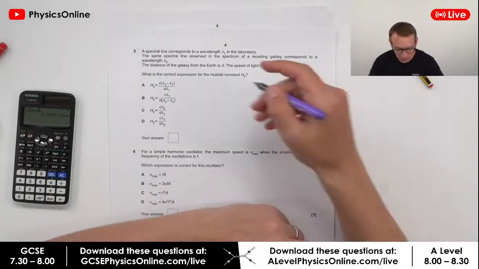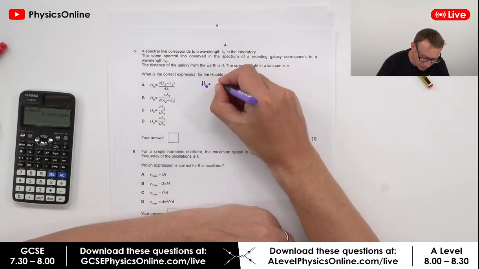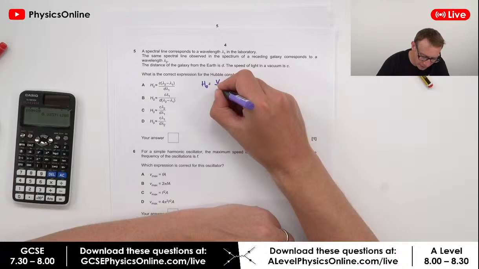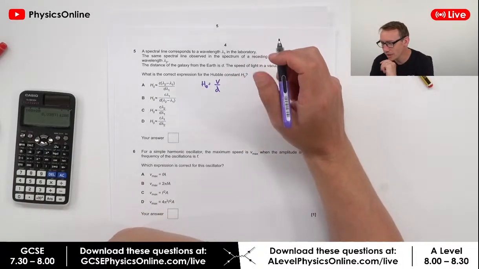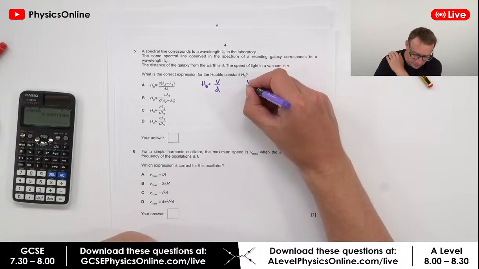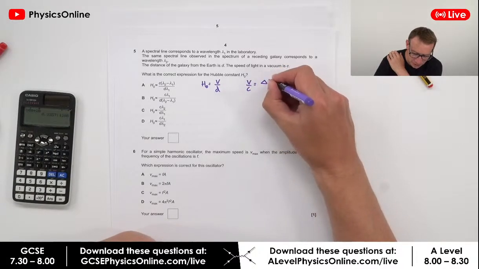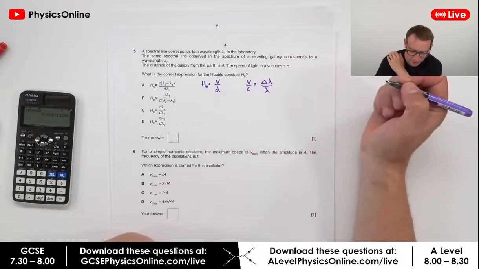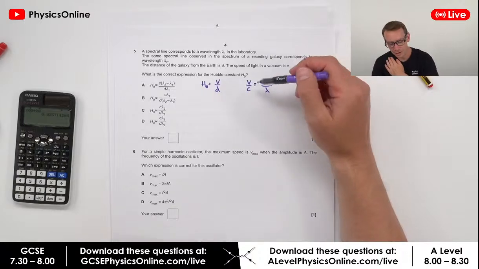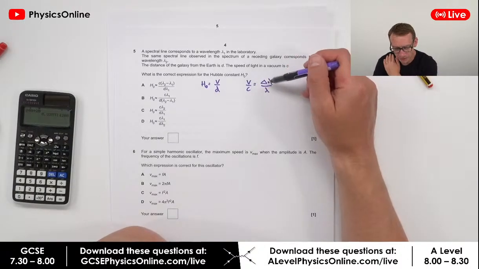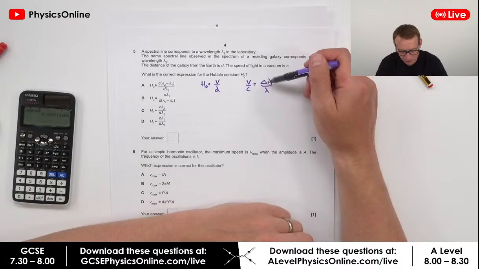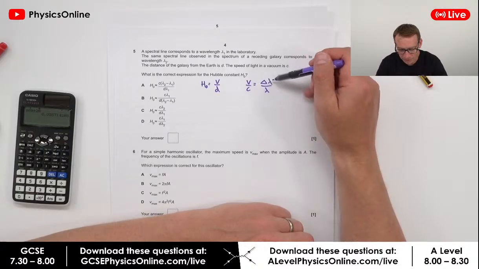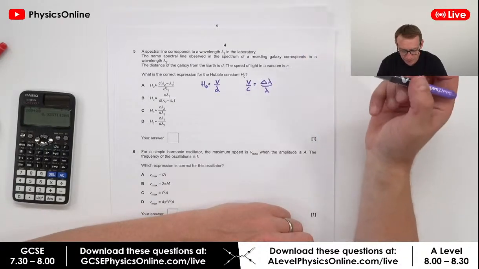We know, of course, that Hubble's constant H0 is equal to the recessional velocity over the distance. And we also know that v over c is equal to delta lambda over lambda. So that's the velocity over the speed of light of that recessional velocity is equal to the change in wavelength, delta lambda over lambda.